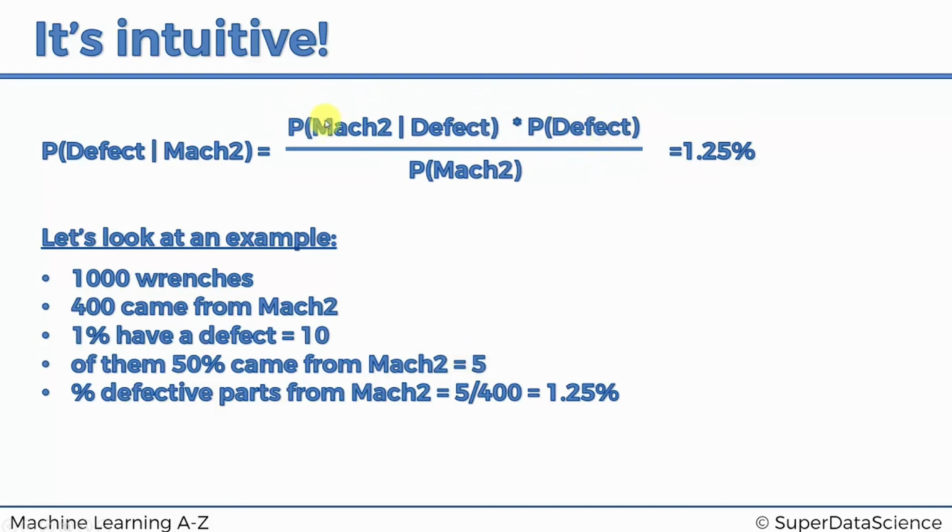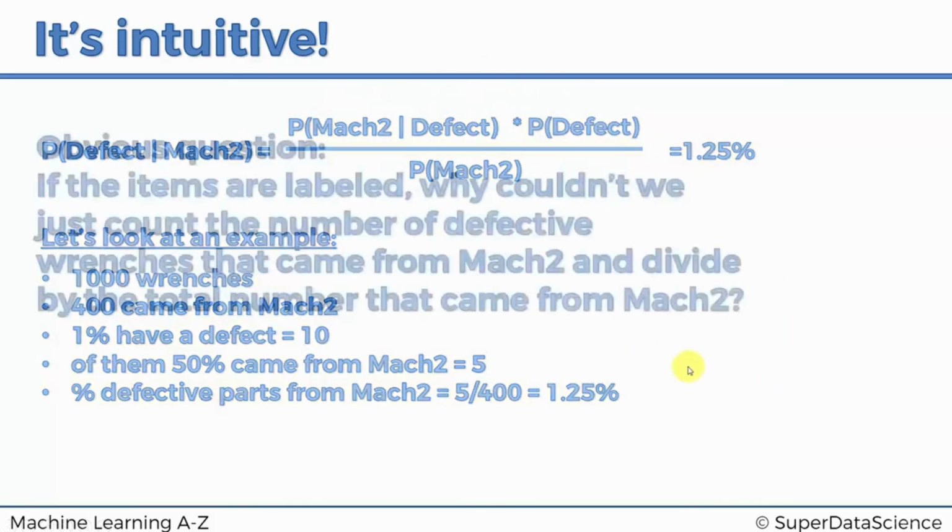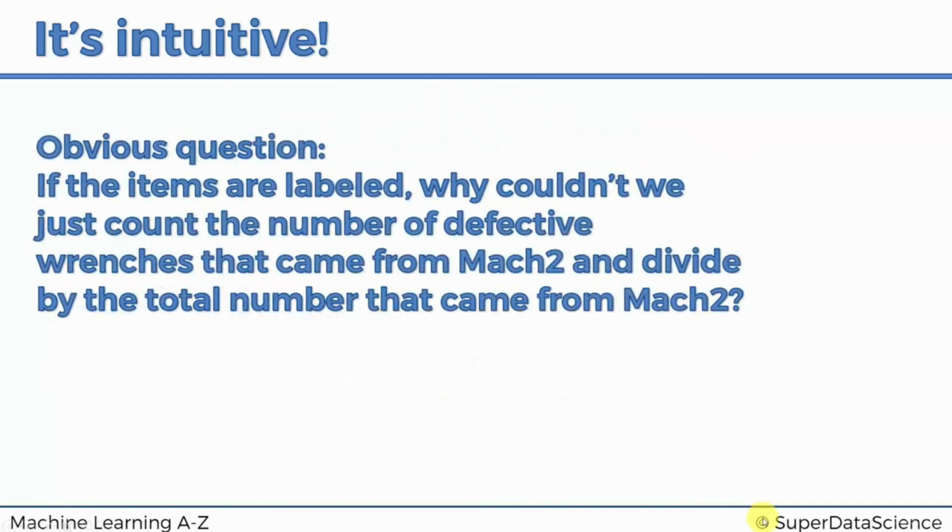So at the top, it's actually the number of defective parts that came from machine 2. At the end of the day, we're actually doing that exact thing. The question is, why couldn't we do it right away? Why couldn't the workers just go and count the number of defective parts that came from machine 2 and divide it by the overall number of parts that came from machine 2? Why not save some time?